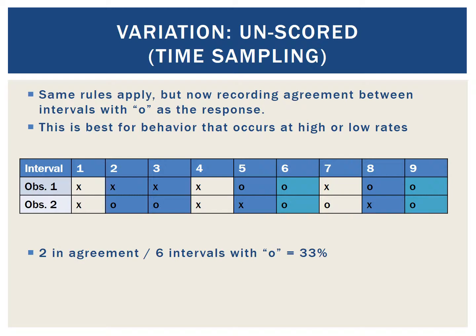So think about it. And I was using partial interval recording. And so I used these methods as well, because if I just used the overall method, one person could just have been zoning out and just recording non-occurrences for everything, and then it would have been an extremely high percentage agreement even if one person wasn't attending.